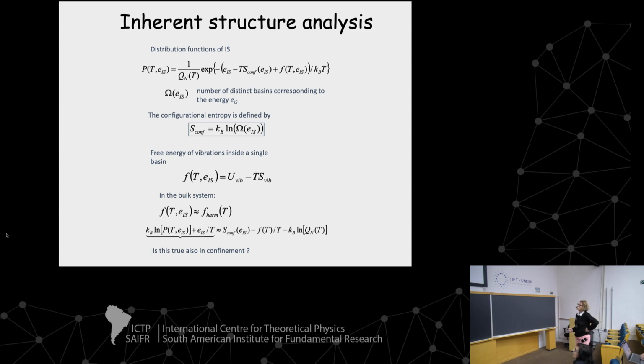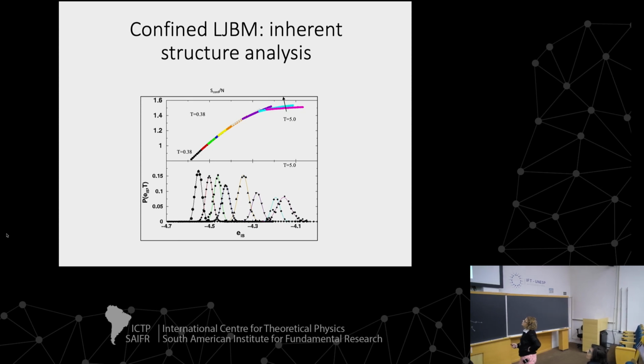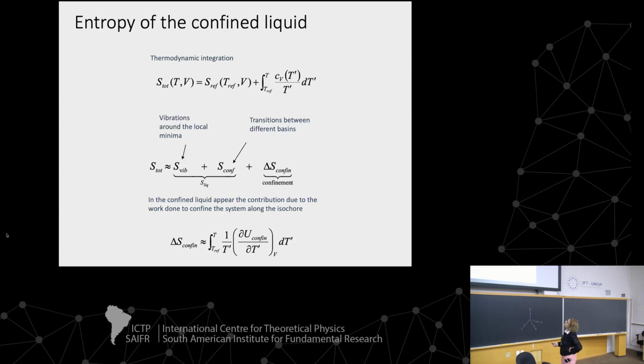Is it true also in confinement, the analysis that we do for the bulk, for example? It is, because we did the calculation of the inherent structure distribution, as a function of P. And we did the inherent structure analysis also for the confinement, and it came out very similar to the bulk.